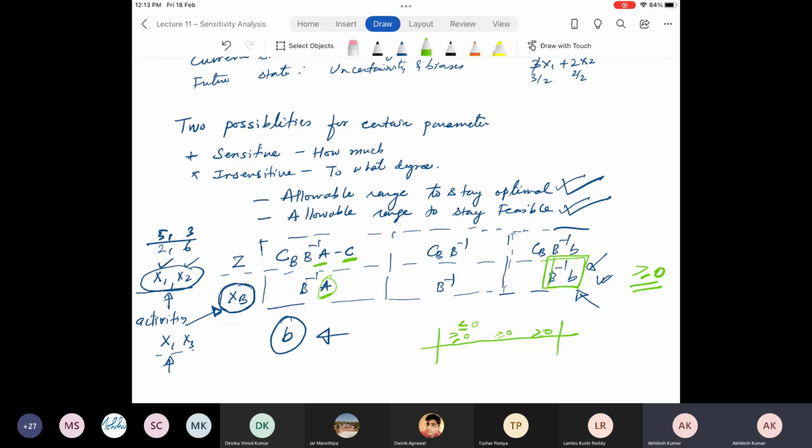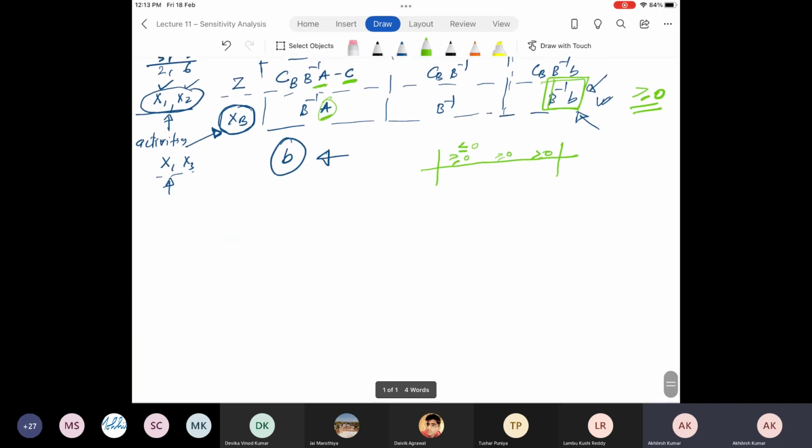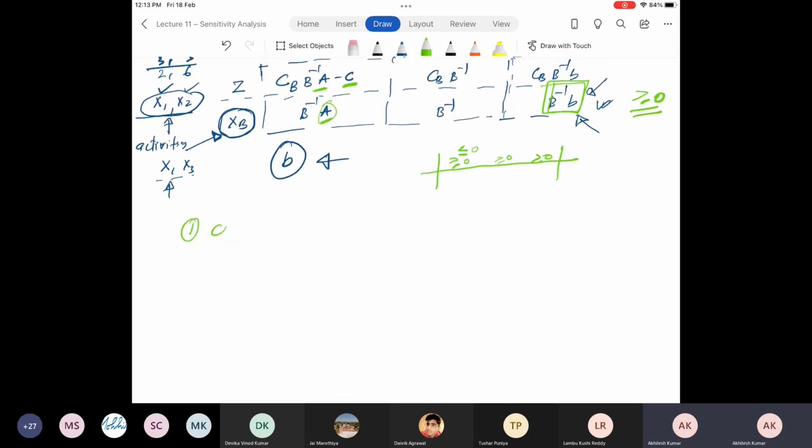So that is the difference. Now we will treat each one of them individually. I will start with the first, the change in the RHS value. That is a change in the b. Let's see how it affects.